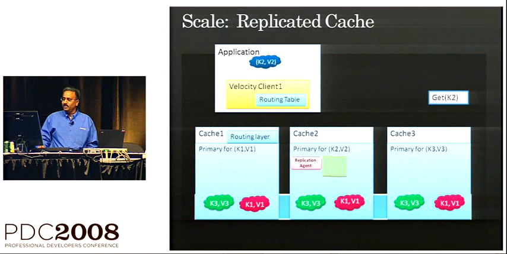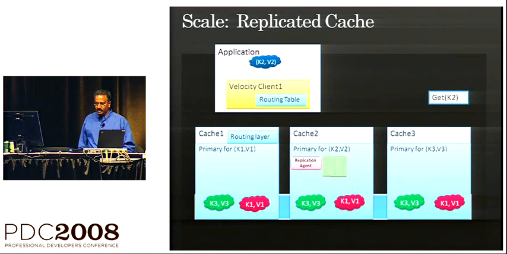Let's look at some of the caching scenarios, caching configurations. MK talked about 3 different types of data: reference data, activity data, and resource data. If you look at reference data, the easiest way to build a cache and provide scale is to replicate the data in the cache.